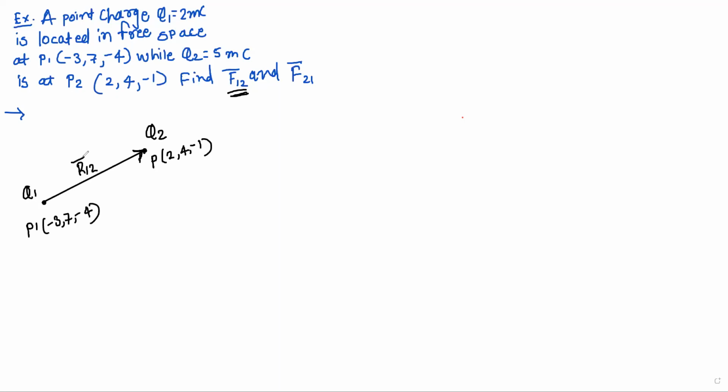This would be the vector, and its direction would be given by A bar R12, the unit vector of this vector. We have a formula to obtain this force, where F has to be a capital letter.